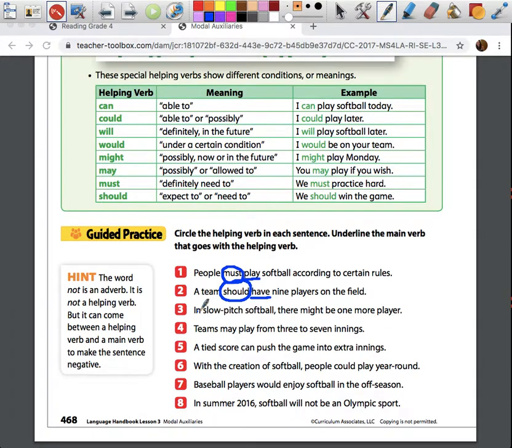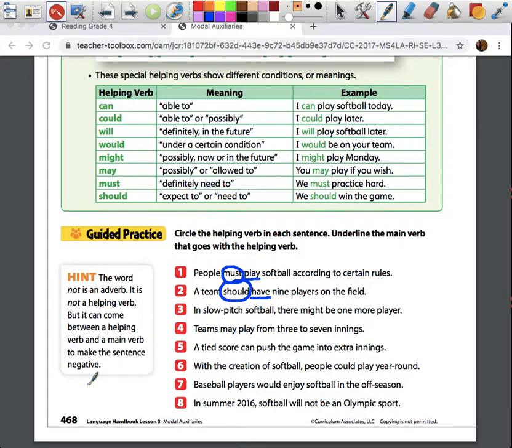Okay, number 3. In slow pitch softball, there might be 1 more player. Okay, if I look at my hint, right here it says the word not is an adverb. It is not a helping verb, but it can come between a helping verb and a main verb to make the sentence negative.